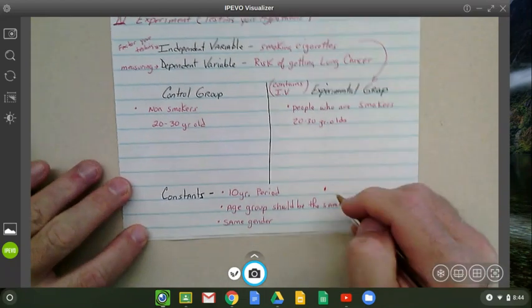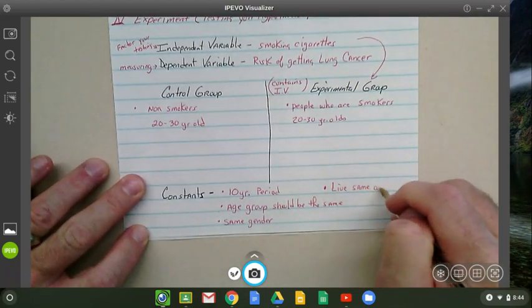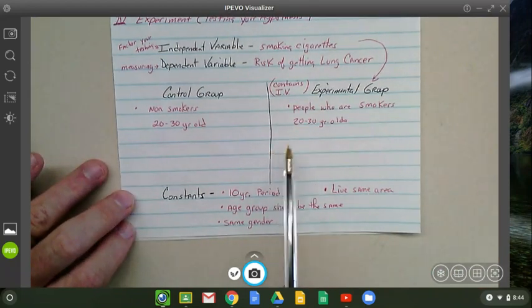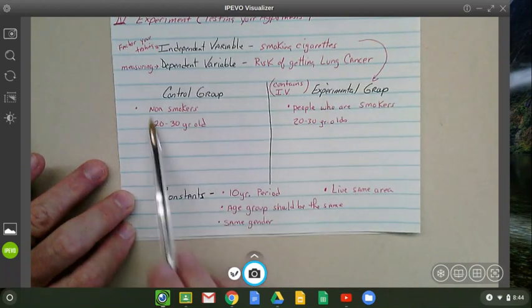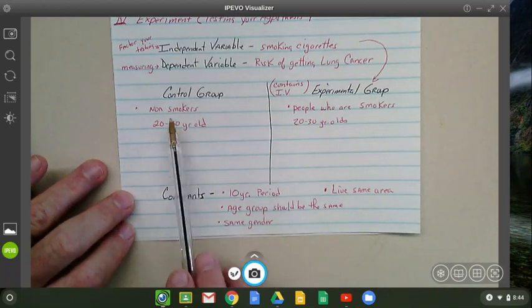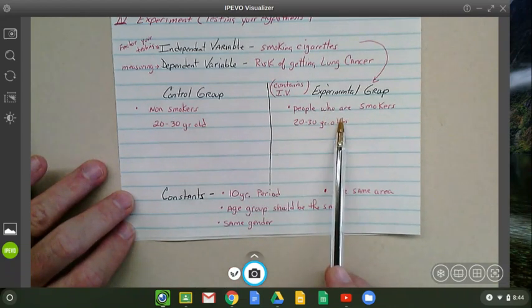Another constant, maybe they live in the same area. What I mean by this is, maybe we're going to take this sample of people from New York City. So I want to make sure that the non-smokers live in New York City with the smokers who live in New York City.